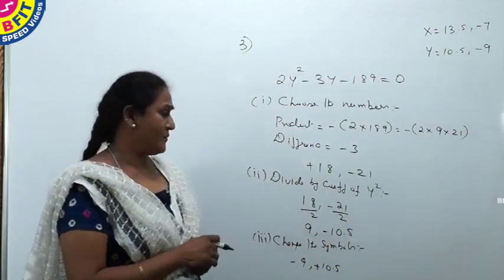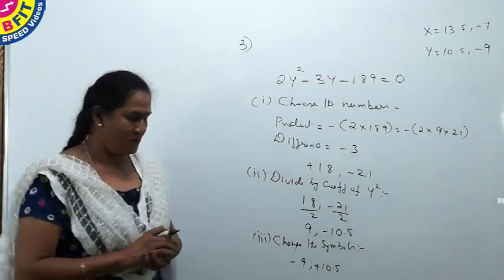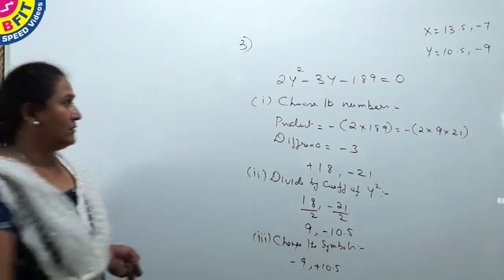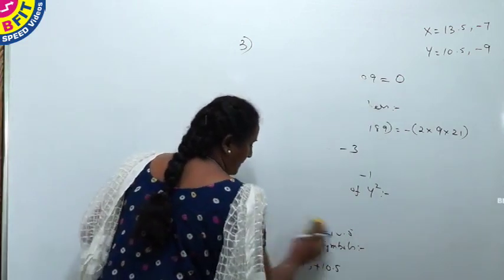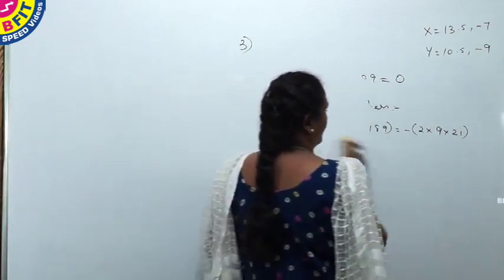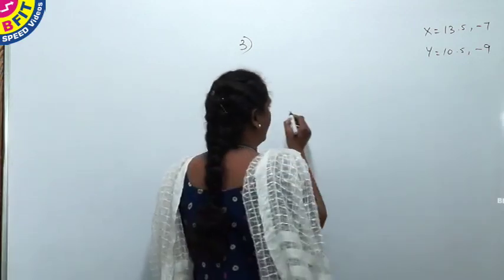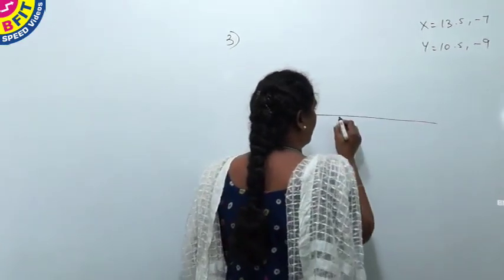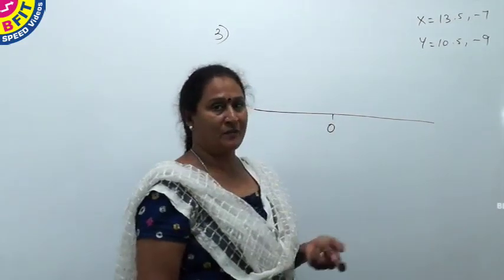And to choose the options, we'll place these numbers on a number line. So we'll draw the number line. So place 0 in the middle. So x has values 13.5 and minus 7.